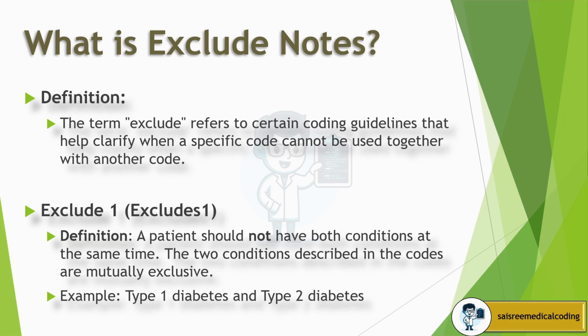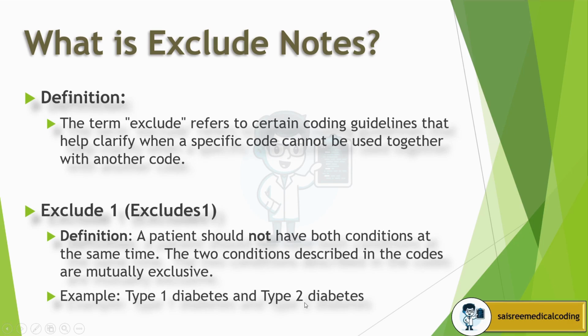Whatever the provider is documenting, those two conditions cannot be present for the same patient at a time. I took the best example of type 1 diabetes and type 2 diabetes, where the patient will not have both of these together.